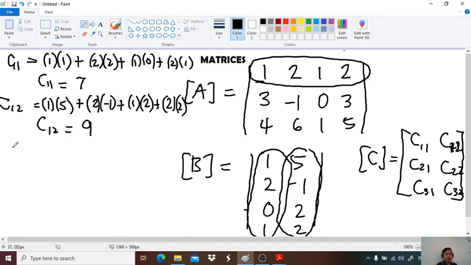Next, we have C21. C21 is for the second row, so we have 2, then the first column.